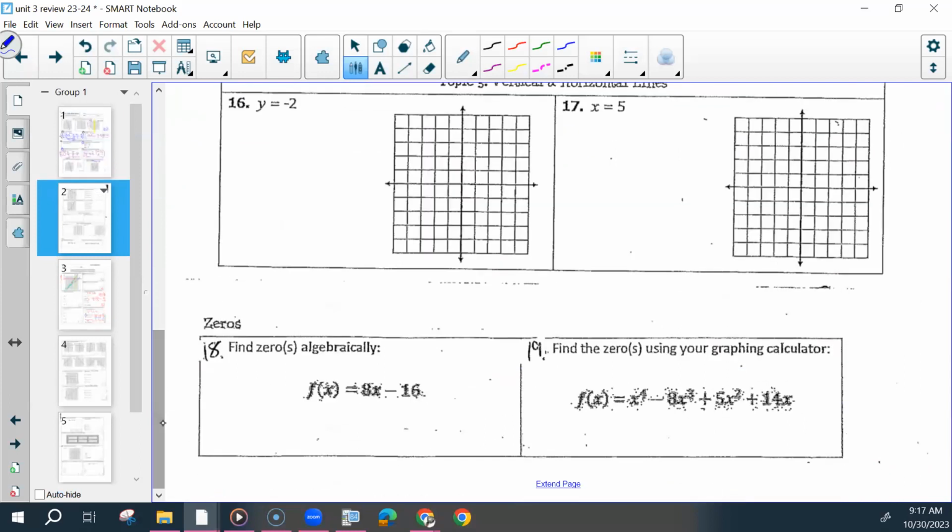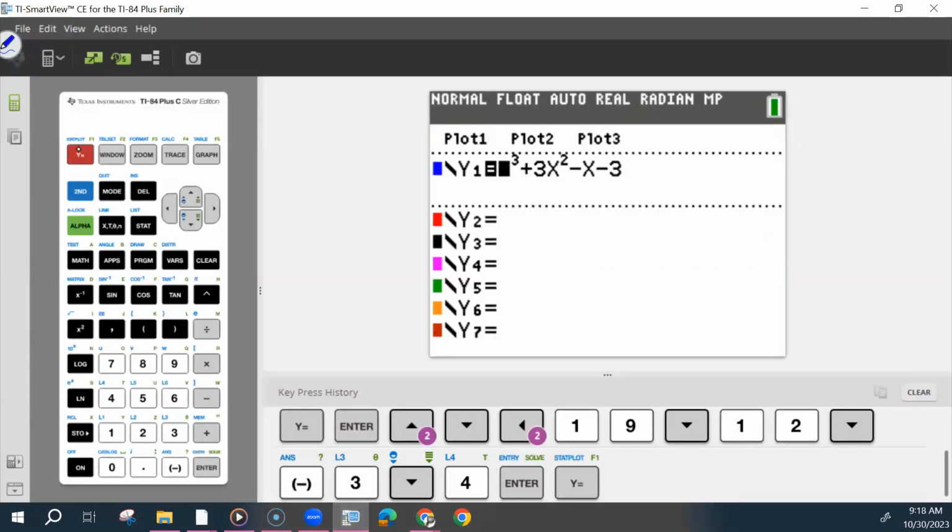I'm gonna rewrite this so you can see it first. F of x equals x to the fourth minus 8x to the third plus 5x squared plus 14x is what that means. And then in our calculator, we're going to do this part. So in the calculator, we're gonna go into y equals.